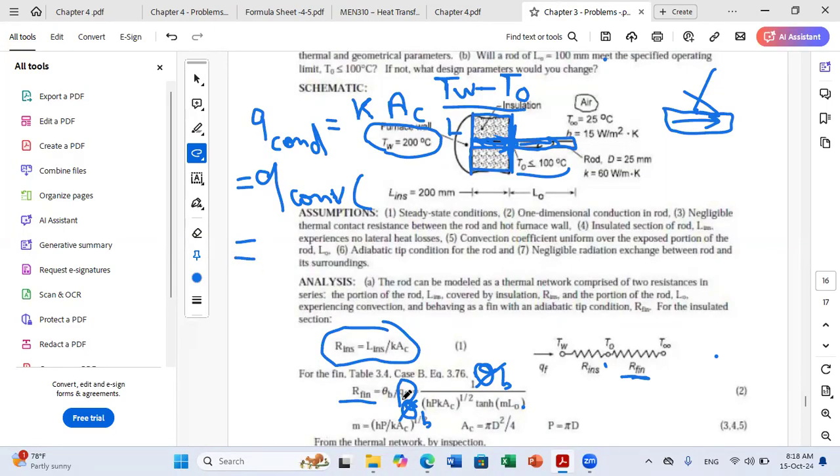What is Q fin? It's the expression here. It's equal to theta base, which is T0 minus T infinity, times the convective coefficient h.